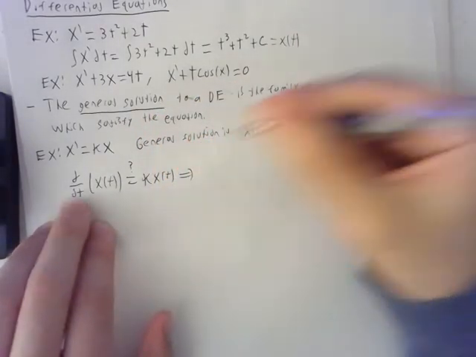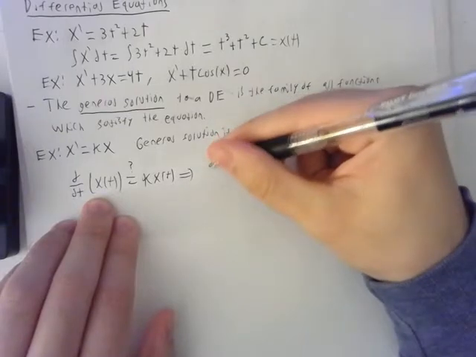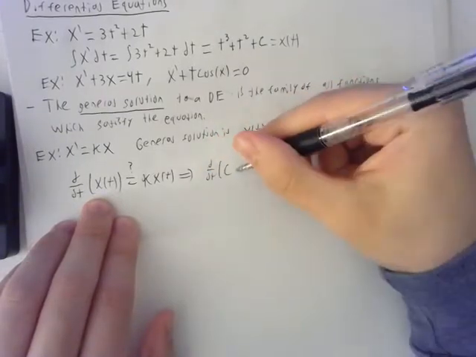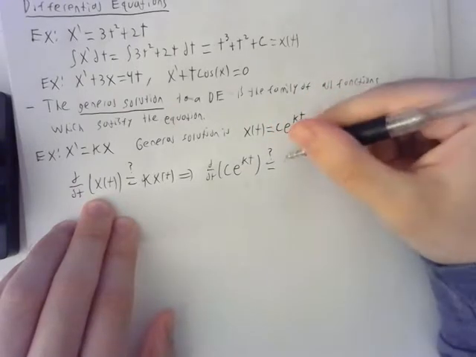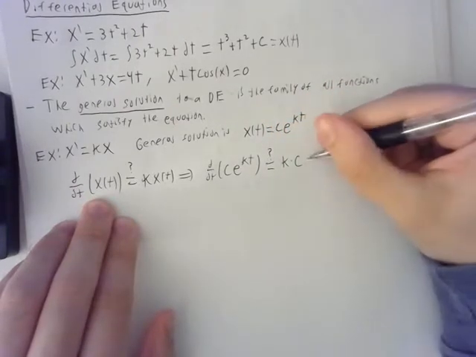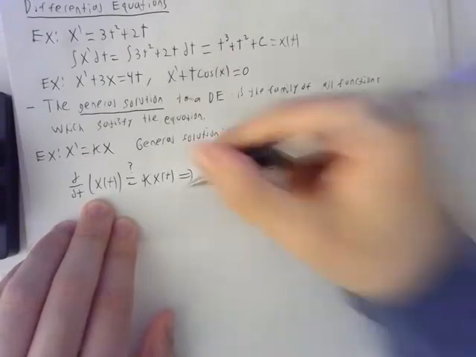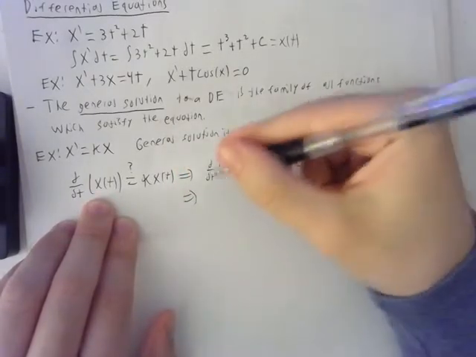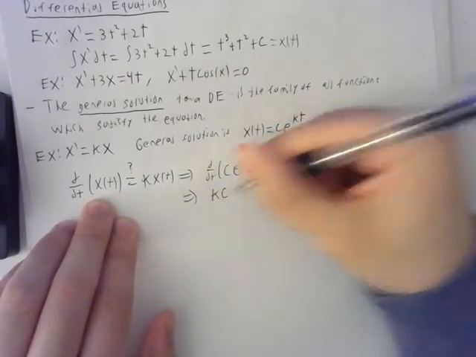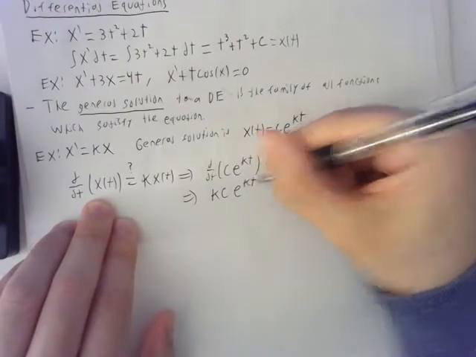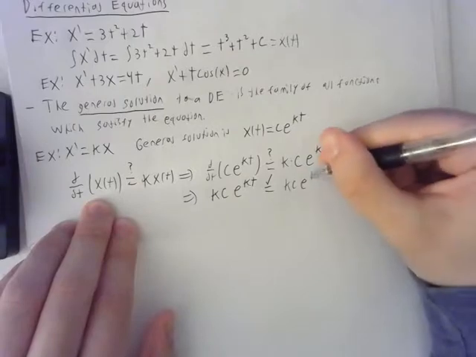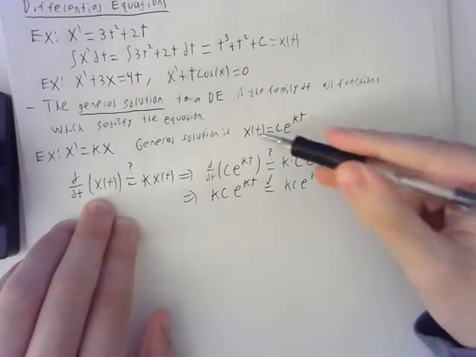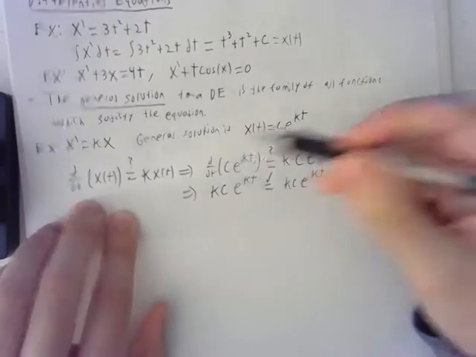Well, if I plug in what x is, then I have the derivative of c e to the kt should be equal to k times c e to the kt. And if we actually take this derivative by the chain rule, we'll get this. And so indeed, both sides of the equation are equal, so I verified this proposed solution actually does solve the equation.